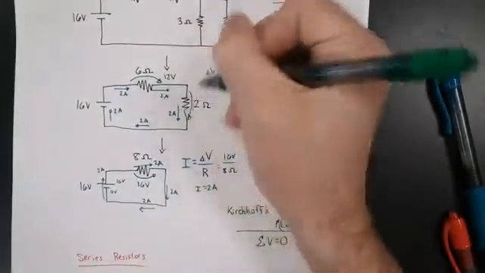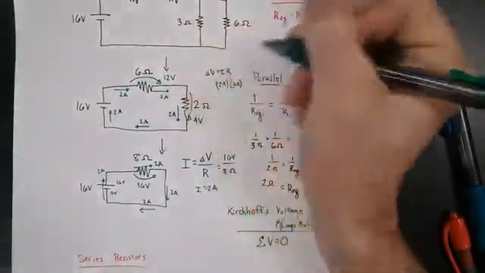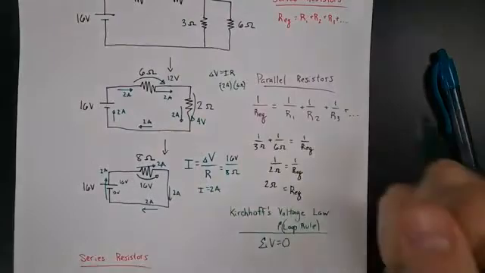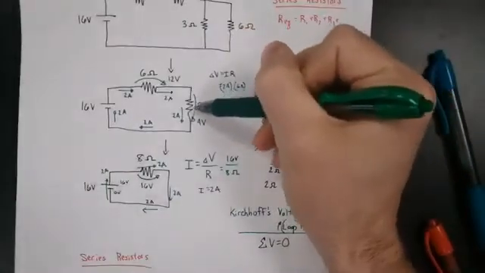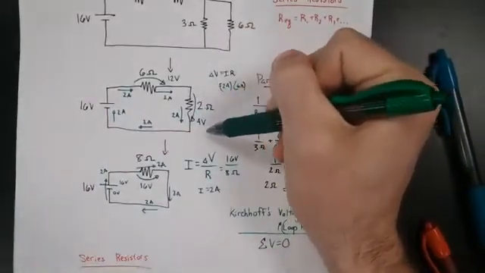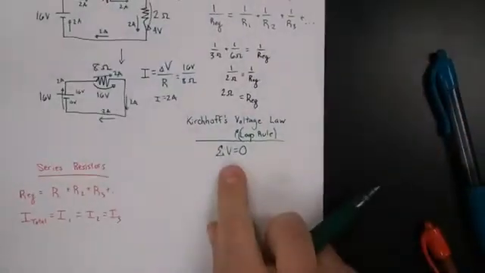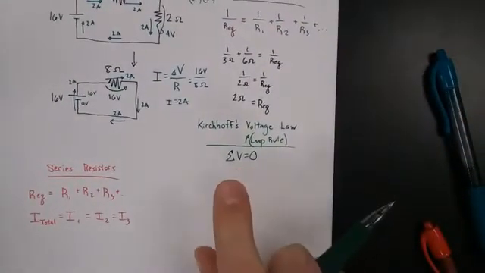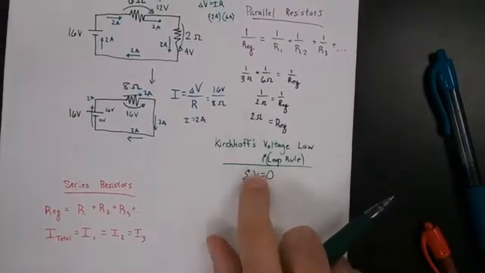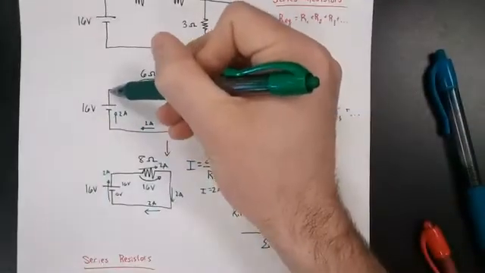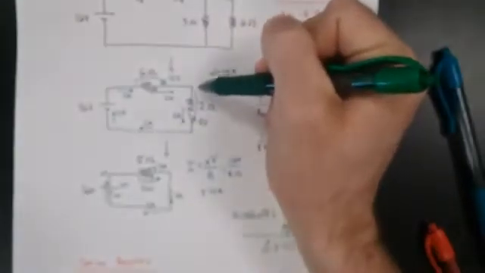And that means across here, this must be a drop of 4 volts for 2 reasons. One, that's Ohm's law. Delta V equals I times R. 2 amps times 2 ohms is 4 volts. And this is something we already knew about the voltage law. The sum of the volts in this loop must be 0. And if I go up 16, I'm going to drop 12, and I have to drop 4 to get back down to 0 volts.